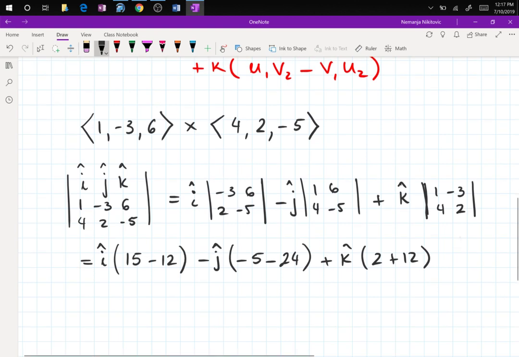So it's going to be 2 plus 12. Now you can just put the spiky brackets and write 15 minus 12 is 3. Now you have negative 29, and the negative in front is positive 29, and you have 14, and you close the spiky bracket, because the answer is a vector.